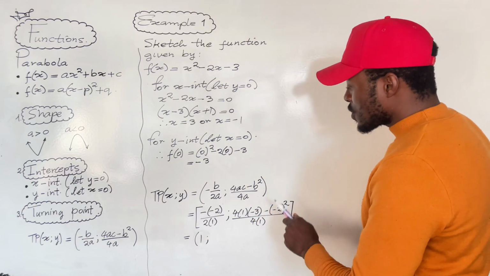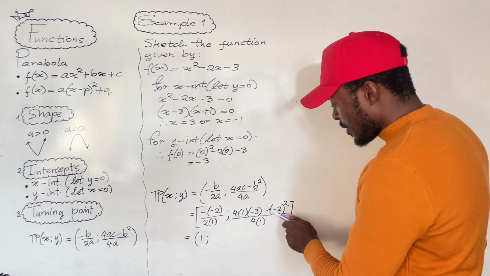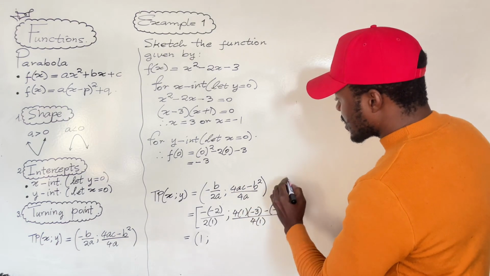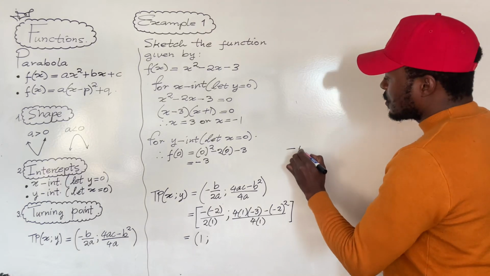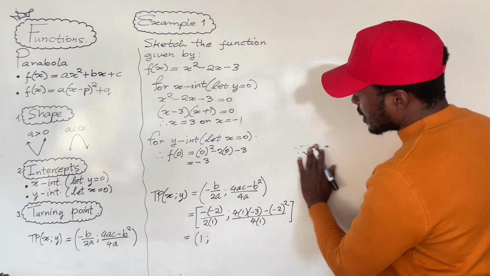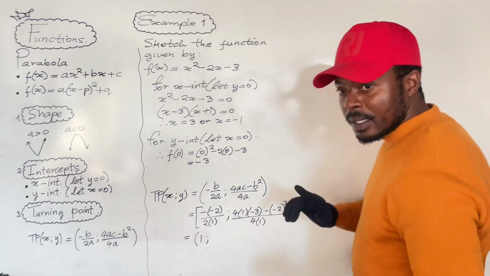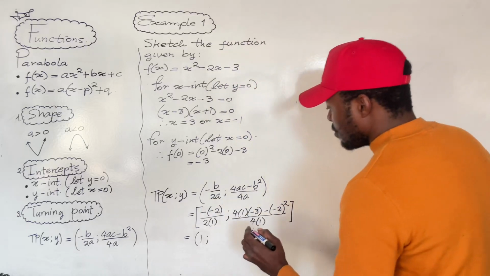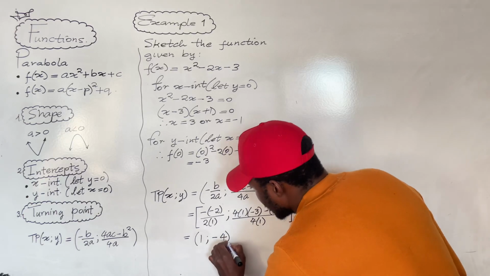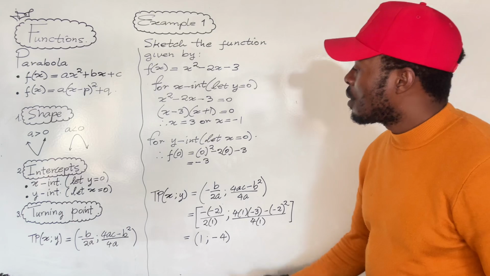Then minus 2 squared is 4, so we have minus 12 minus 4, which gives us minus 16. Minus 16 divided by 4 gives us minus 4. So our turning point is at (1; minus 4).